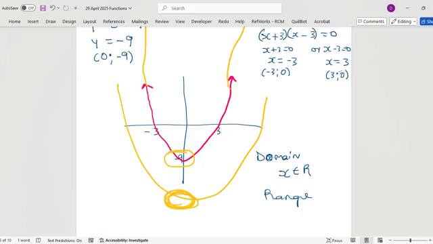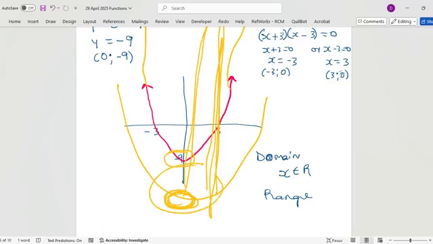Why? It's limited by 9. So I can talk of any numbers on this line on the y-axis, but I cannot talk about the numbers that are below this point. And remember, the numbers that are below this point, all of them, are smaller than negative 9.